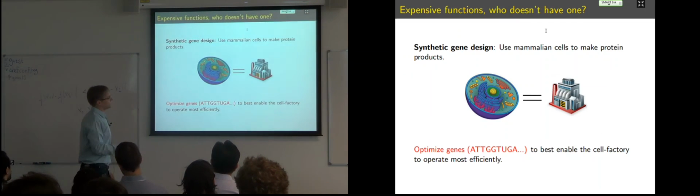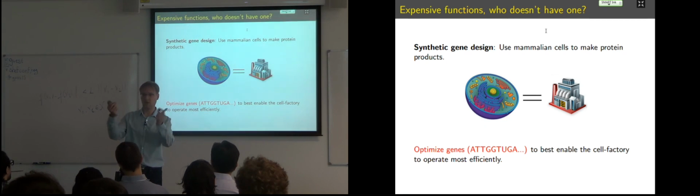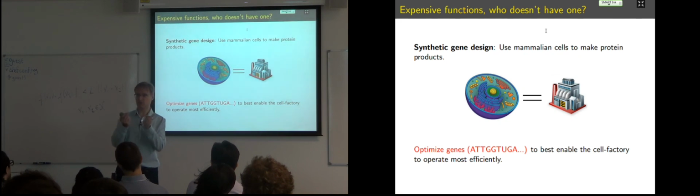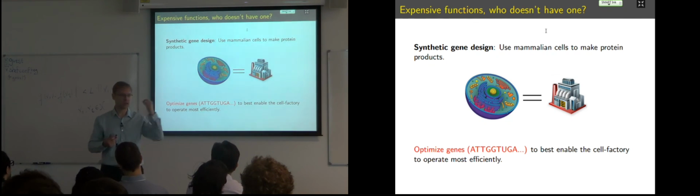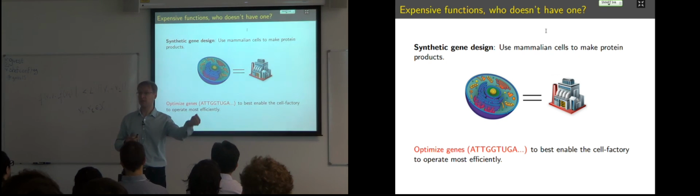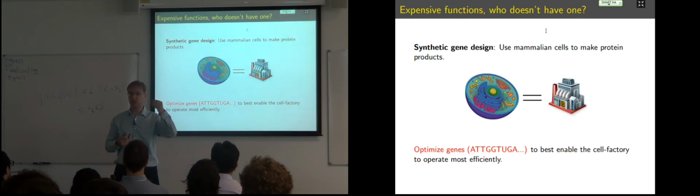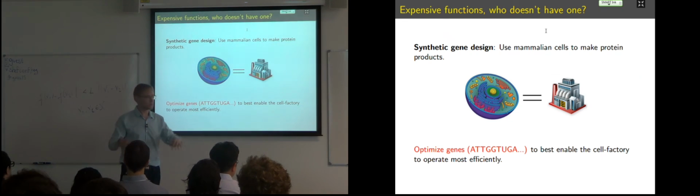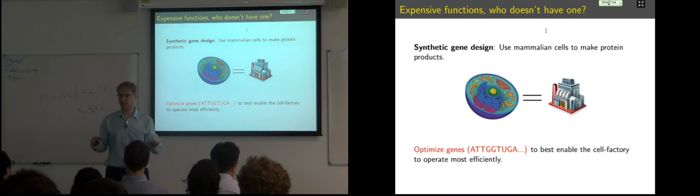If you think about these experiments, for instance, if you change the genetic code of the cell, you are going to get a measure of the amount of the protein that you are producing. But that measure, because it is the result of a lab experiment, may not be exact. Maybe it's not exactly what the cell is producing, but is perturbed by some noise. With Bayesian optimization, you can basically cover both cases, and we will see how to do that.